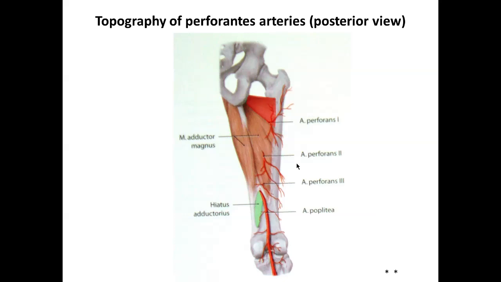This role is played by arteria profunda femoris with its three perforating arteries and with arteria circumflexa femoris lateralis and medialis.